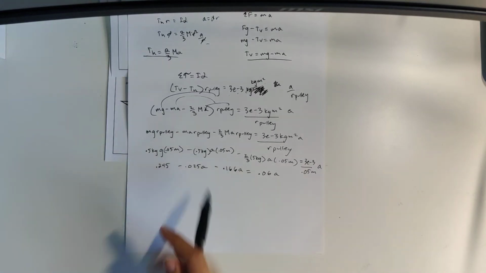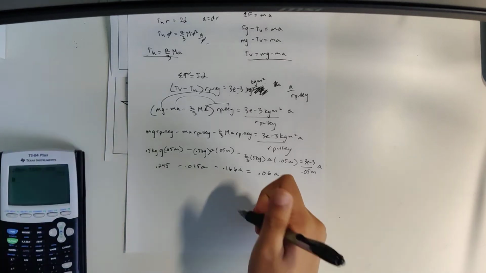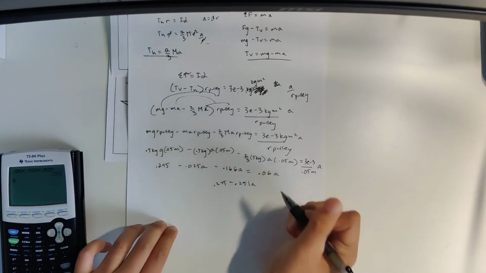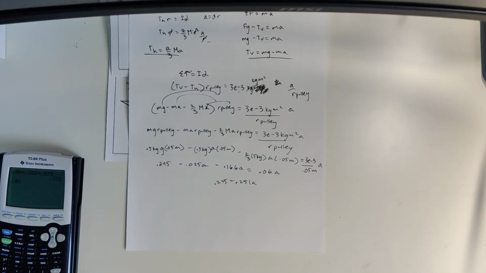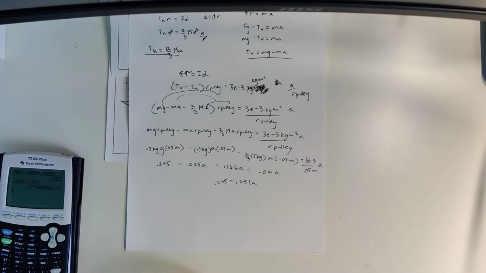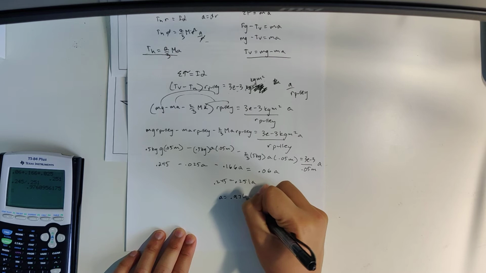The numbers with the variable A, we'll add them on the right: 0.06 plus 0.166 plus 0.025. 0.251A is equal to 0.245. 0.245 divided by 0.251. That means your acceleration is equal to 0.976.